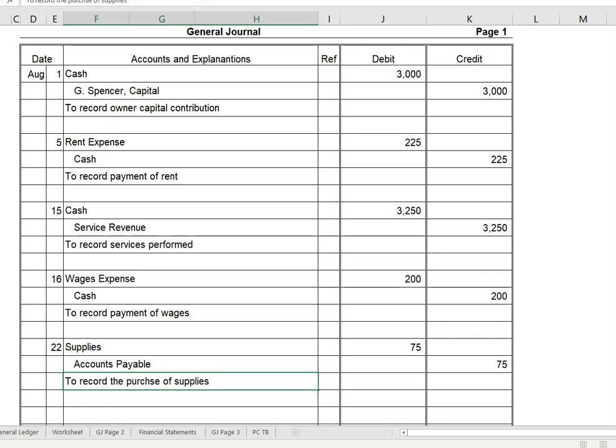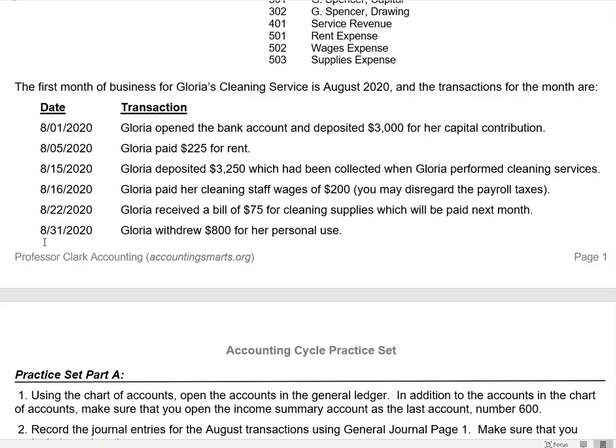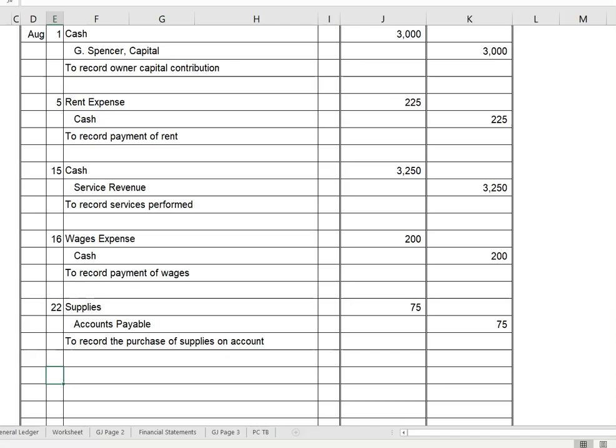And you could put on account. Alrighty, 1 entry left. And our last entry is on August 31st. She withdrew $800 for her personal use.